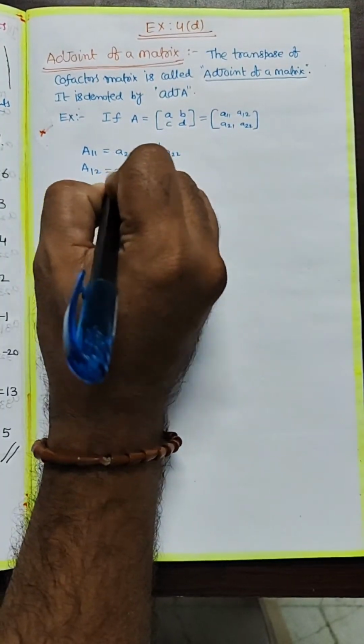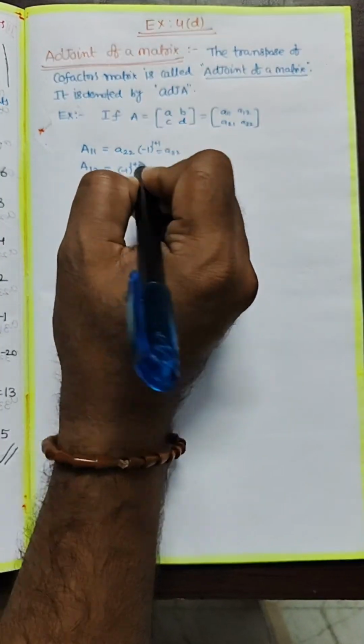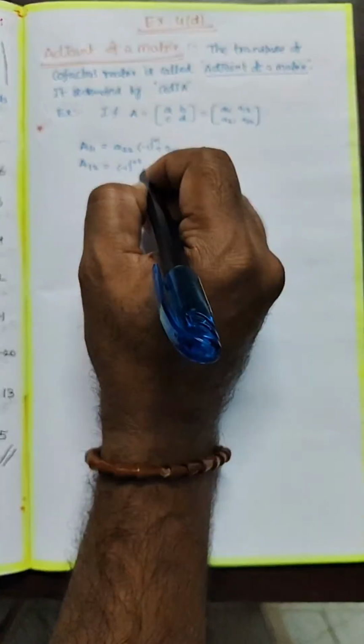Next, A12: minus 1 whole power 1 plus 2, eliminating this row and this column, a21 will come.